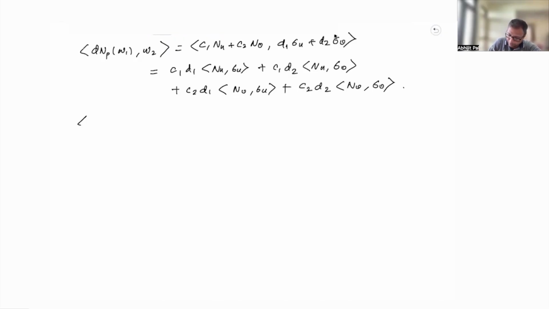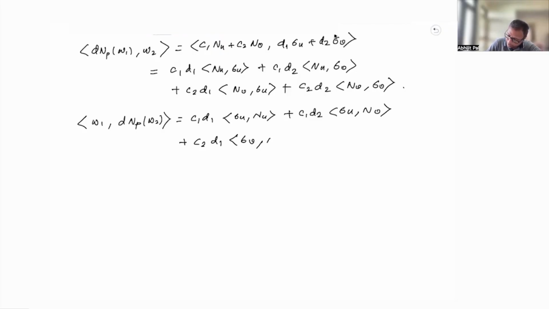And similarly, if I take the inner product of W1 with DNP W2, this is equal to C1 D1 inner product of sigma U and NU plus C1 D2 inner product of sigma U with NB plus C2 D1 inner product of sigma B with NU plus C2 D2 inner product of sigma B with NB.